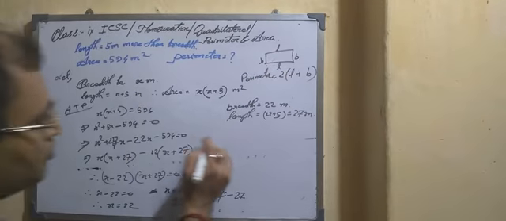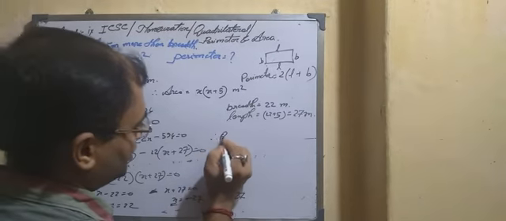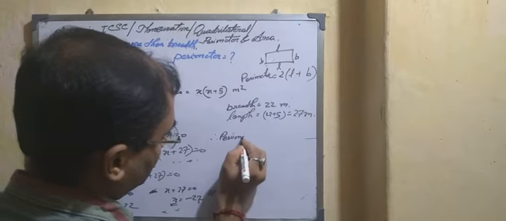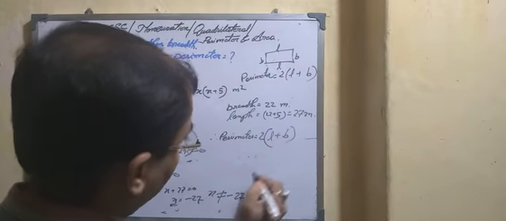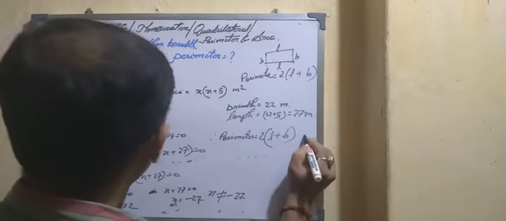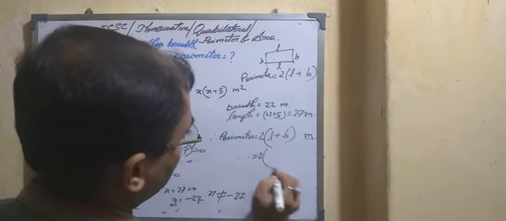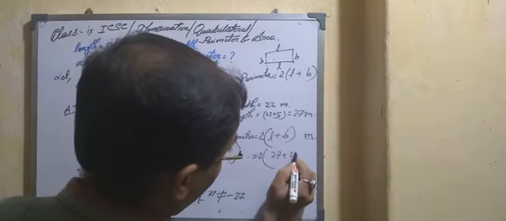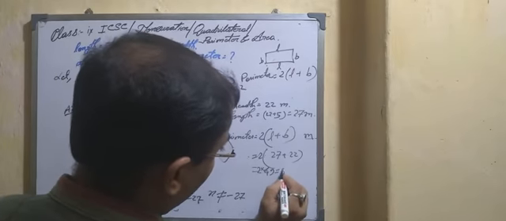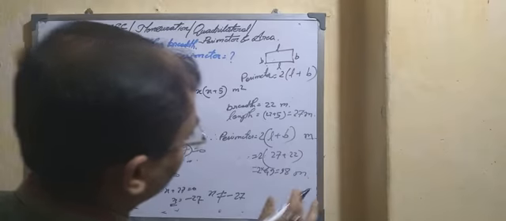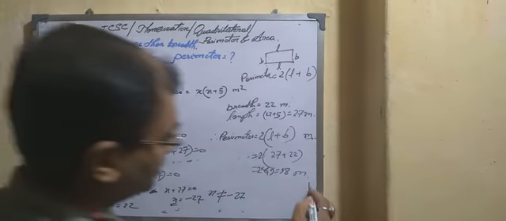Now therefore the perimeter equal to 2 into length plus breadth meter. Now 27 plus 22, 2 into 49 equal to 98 meter. That's it. This is the answer.